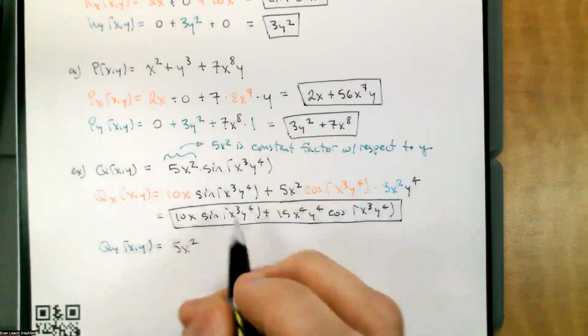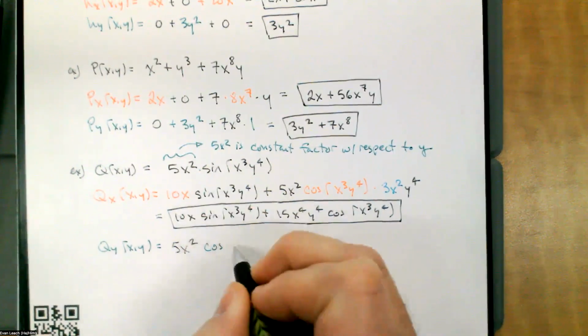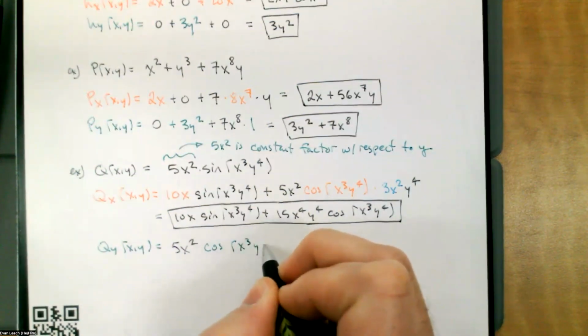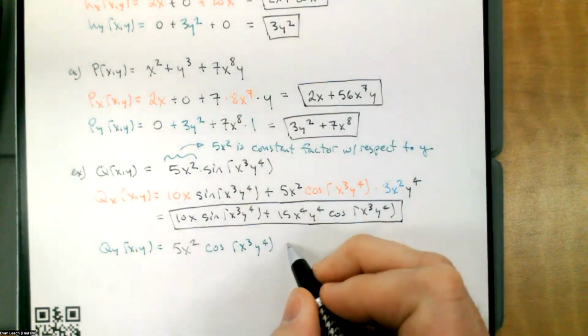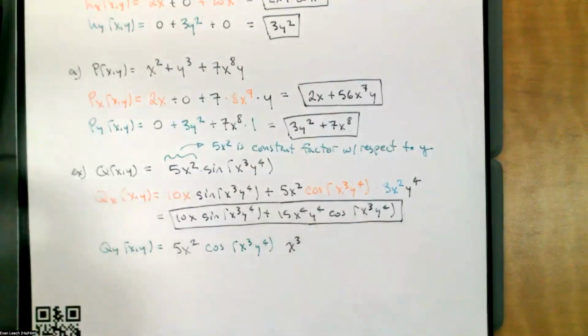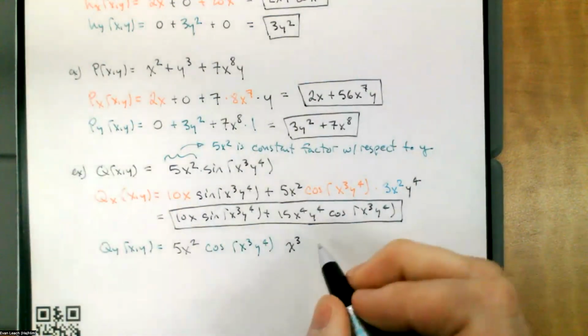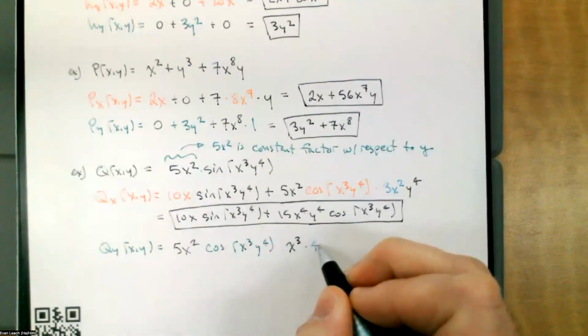The derivative of sine of something is cosine of that thing times the derivative of that thing. In this case, x cubed is a constant factor, but the derivative of y to the fourth is 4y to the third.